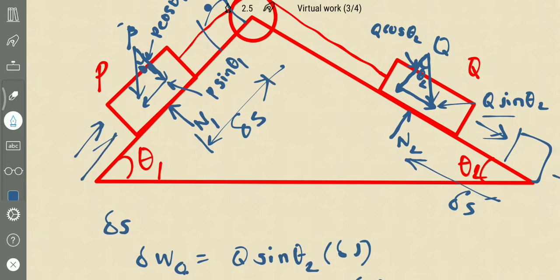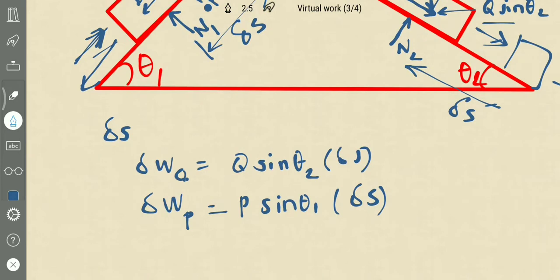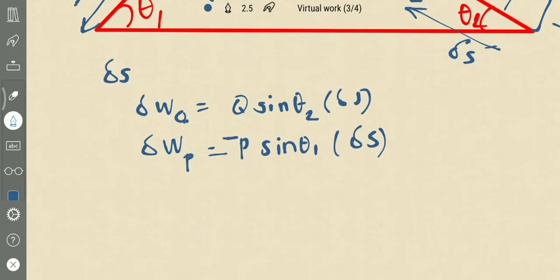The force is acting downwards, but the body is moving upward. So the work done by the force P is negative.